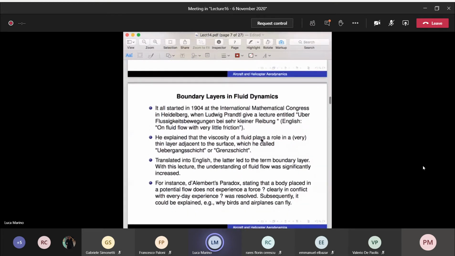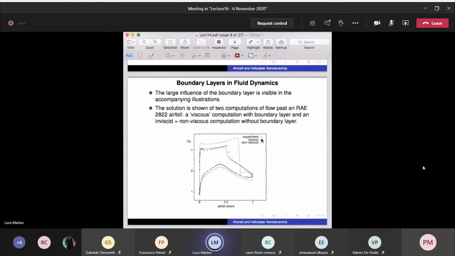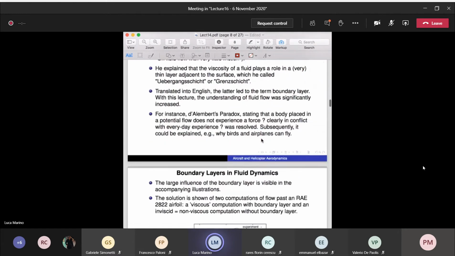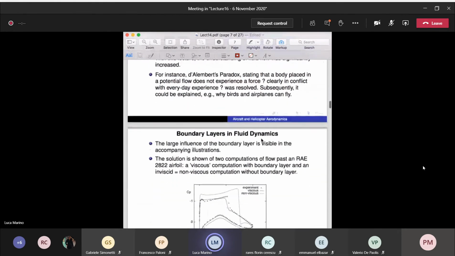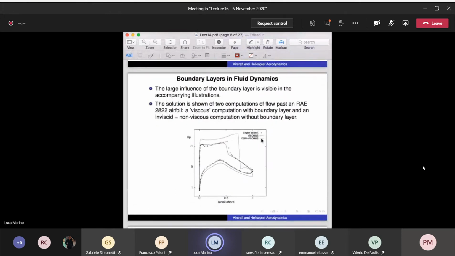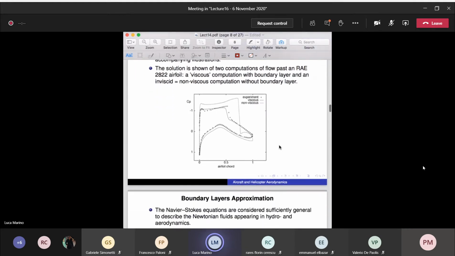So we consider the topics that we started yesterday. We began to speak about the boundary layer. I recall the idea that Prandtl introduced more than one century ago to simplify the problem of the flow on a body, to take into account the effect of the viscosity in the fluid dynamic field.